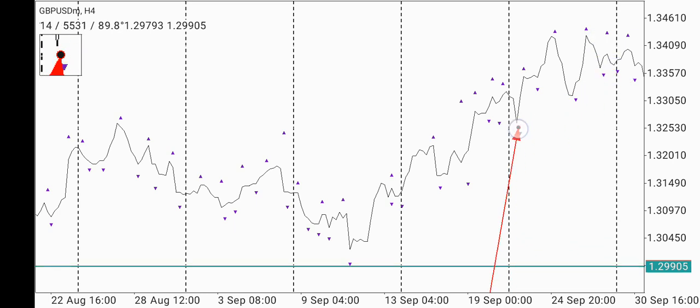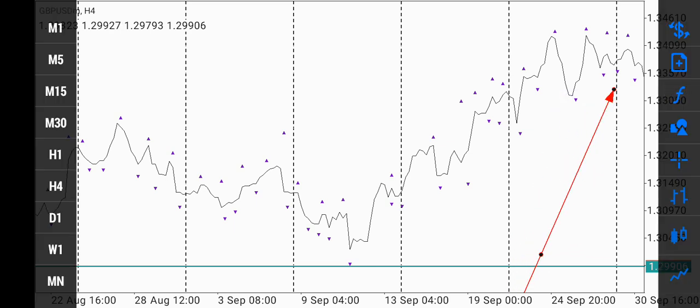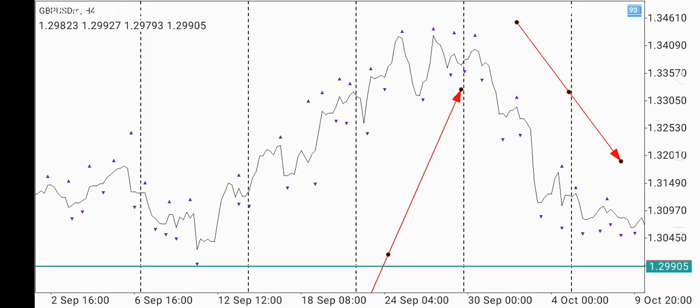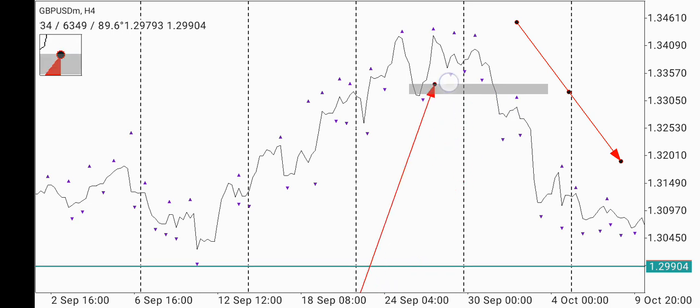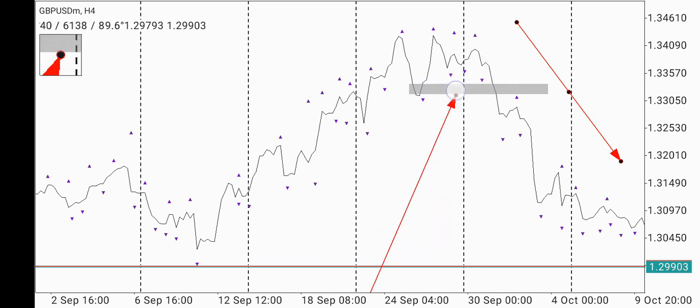And once you know that it's reversing, it breaks the structure here. This shows that the market has changed structure. The order flow has changed. So what do you do? You wait for a retest around this area and take your trade down to the last point that you're seeing.